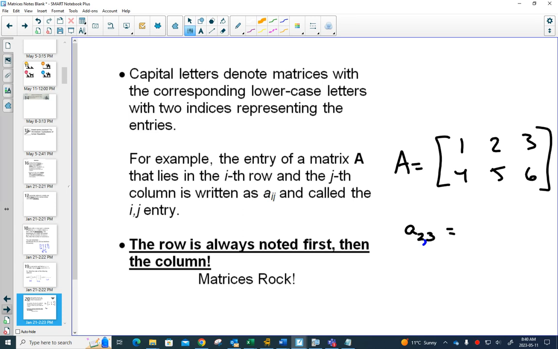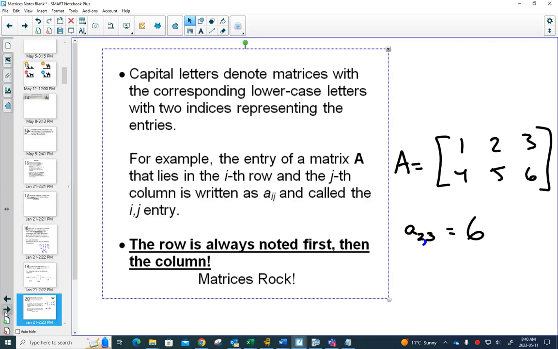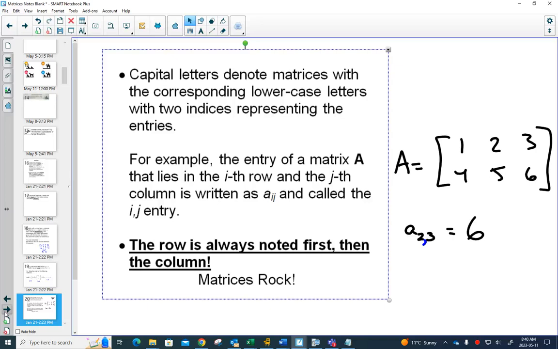Element 2,3 would equal, well, you would go to row 2, column 3. That's what that value is. So it's a way of defining where things are and describing, oh, which one are you looking for? That is the 2,3 entry. That is the element in that spot.